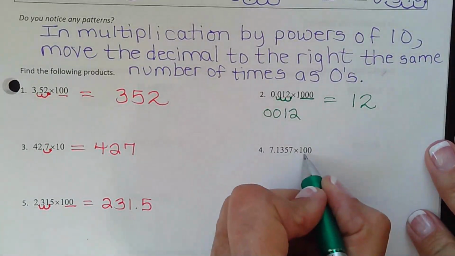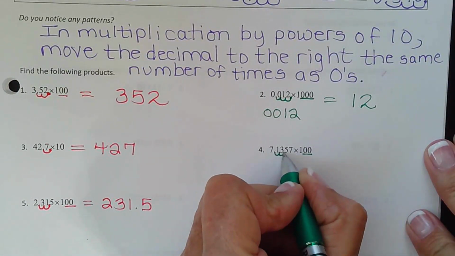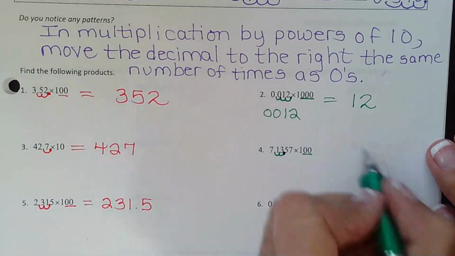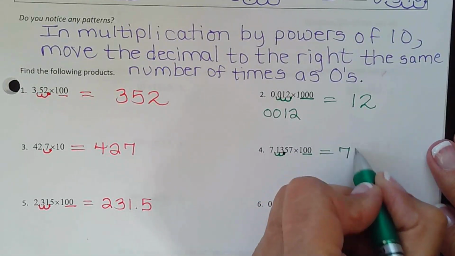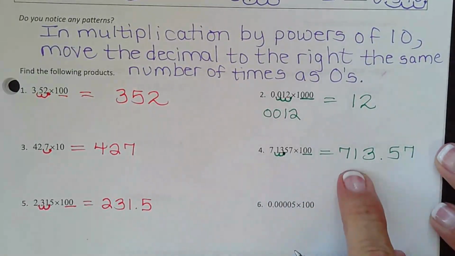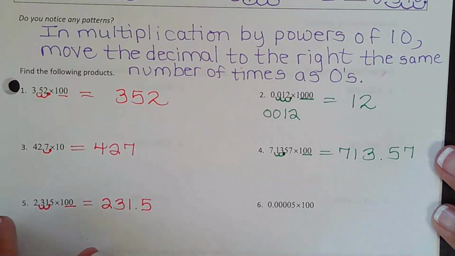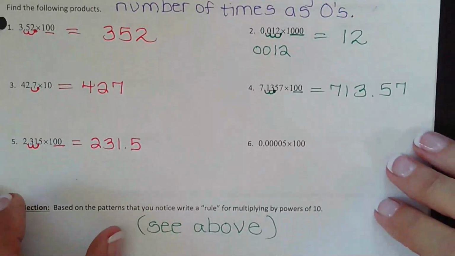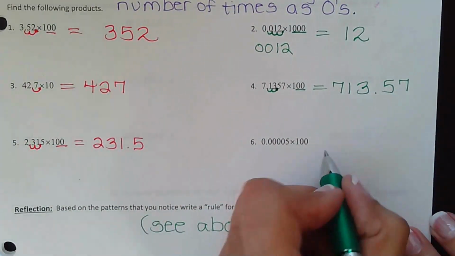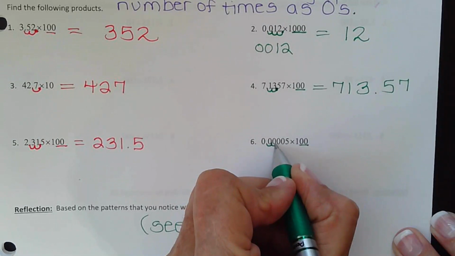This one, 2 decimal places, so move it 2 places to the right since I'm multiplying. So that turns into 713.57, or 713 and 57 hundredths. And last but not least, multiplying by 100, 2 decimal places, so 1, 2.